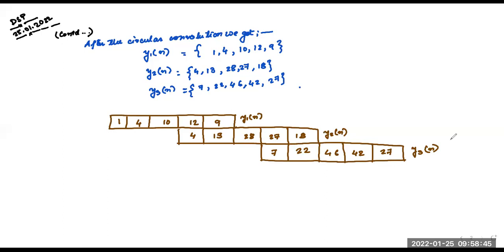Now, if we talk about the overlap save method that we did yesterday, we also drew blocks like this. What is the difference between that and this? Just look at that.